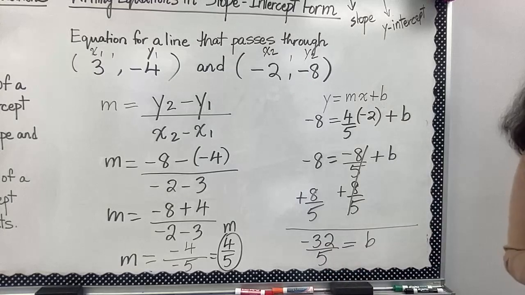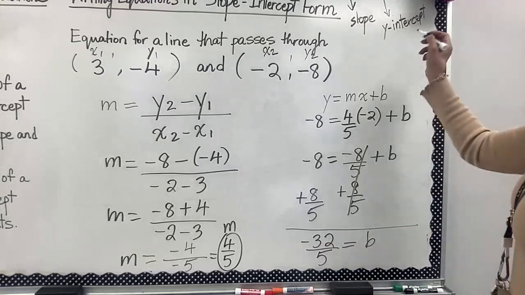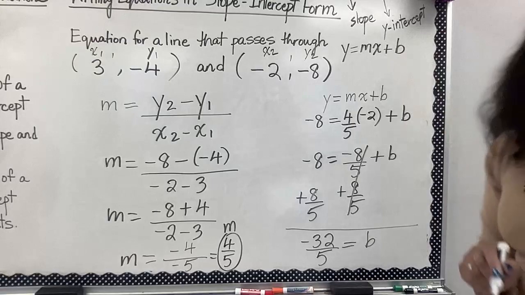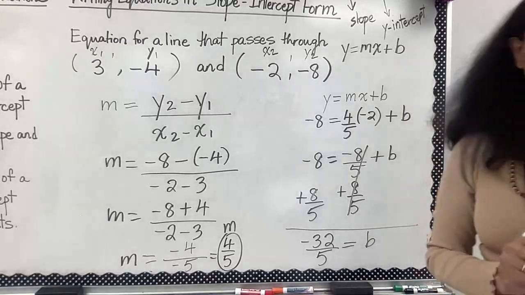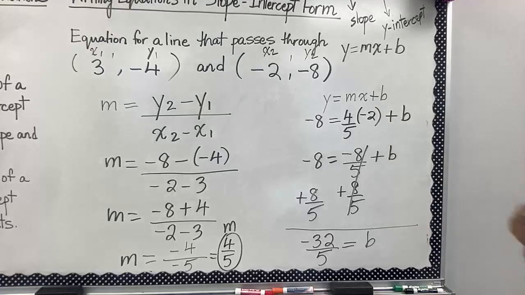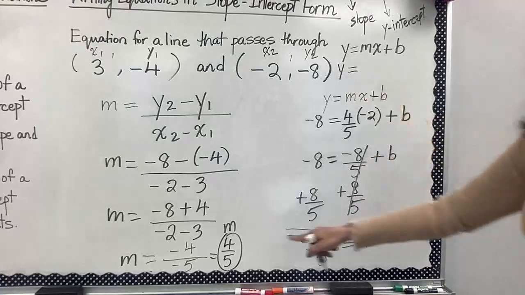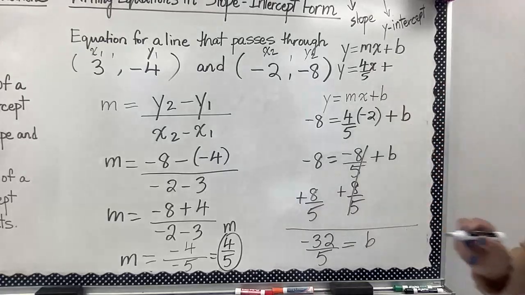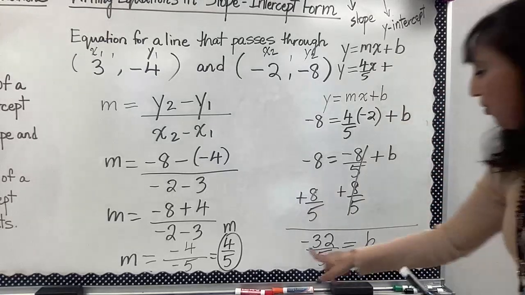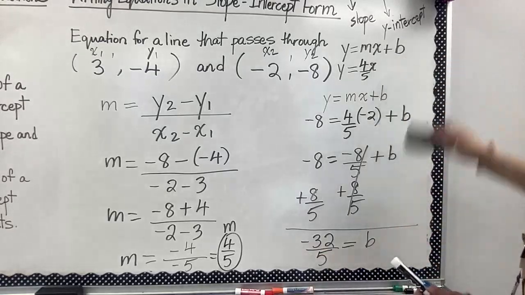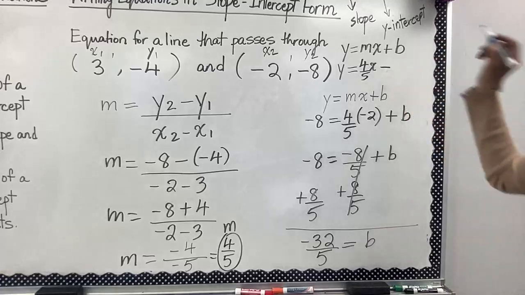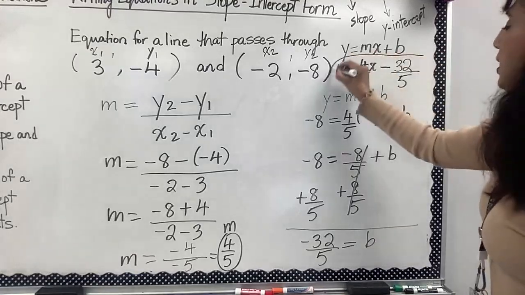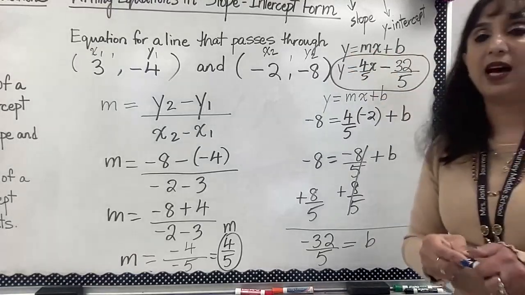Okay, and so now I'm going to use the slope-intercept form. Y is equal to mx plus b, and I am going to substitute my values. What did I get for my slope? Slope is 4/5 x plus, what did I get for b? Again, sorry, it is minus, so therefore this is not going to be plus, this is going to be minus 32 over 5. And here is my equation of this line written out.